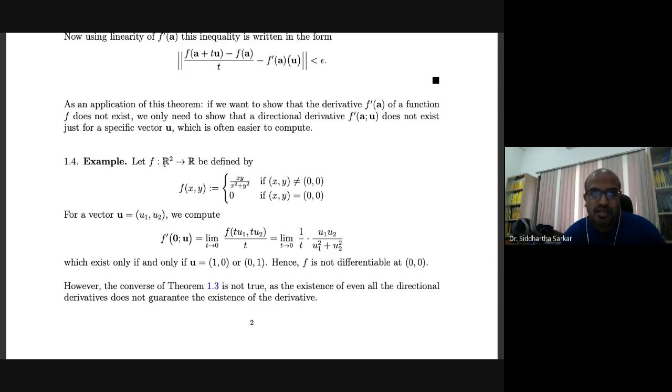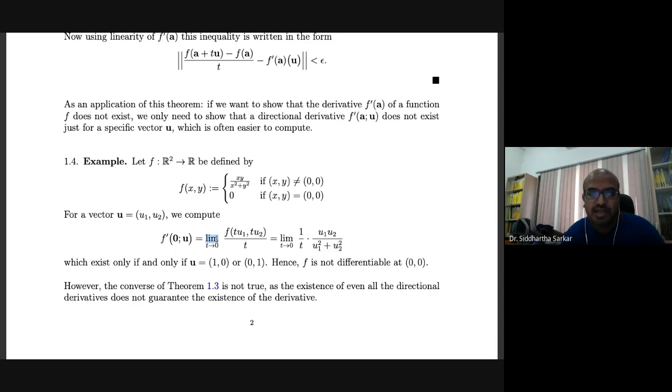You take R2 to R, the function defined by xy divided by x square plus y square when my point is away from the origin, and the value of the function is 0 at the point origin, and we are trying to compute the directional derivative for any arbitrary vector u at the origin. So let's try to do this by our usual formula.